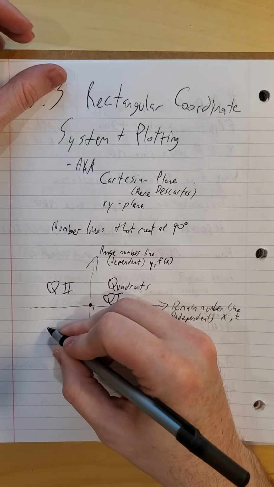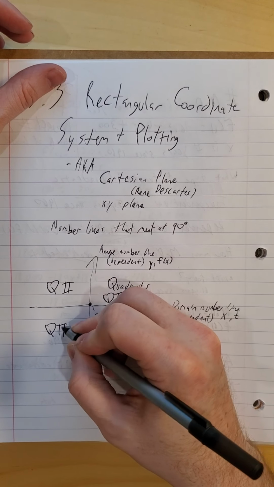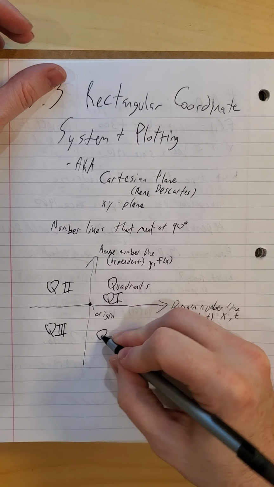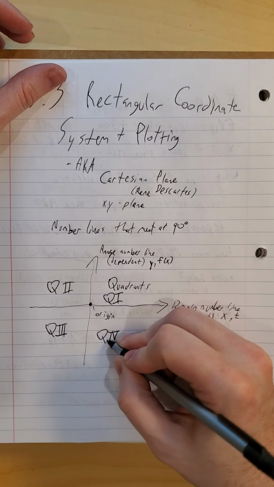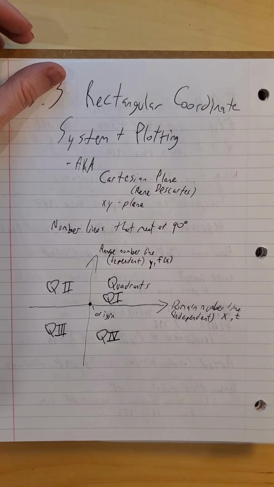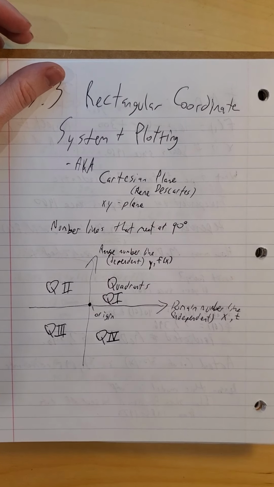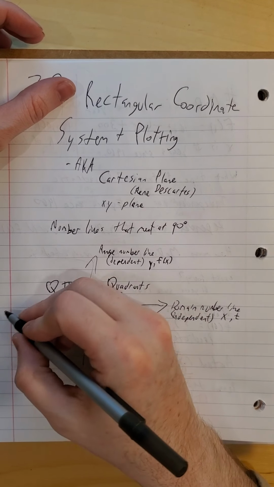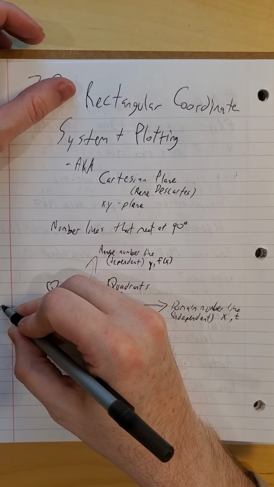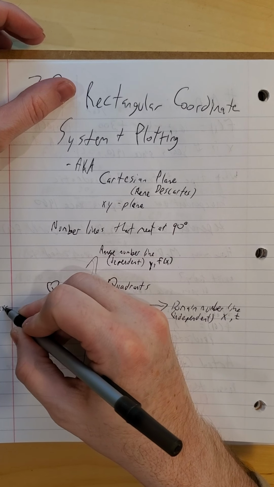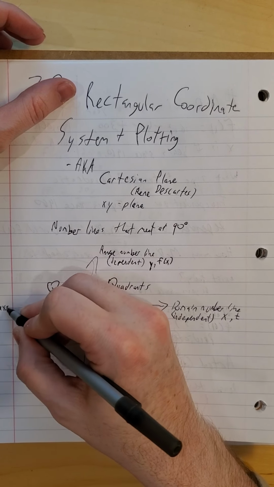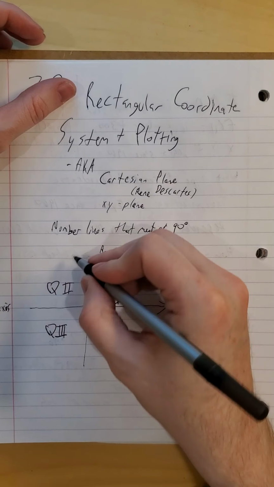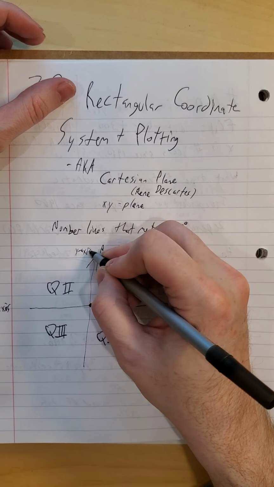Quadrant 2, quadrant 3, and quadrant 4. And the number lines are referred to also as axes. So this would be the x-axis, the y-axis.